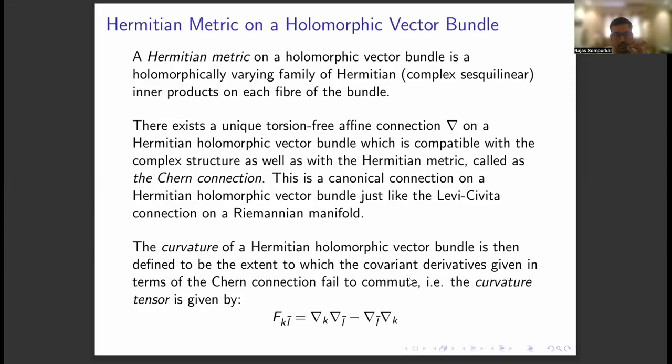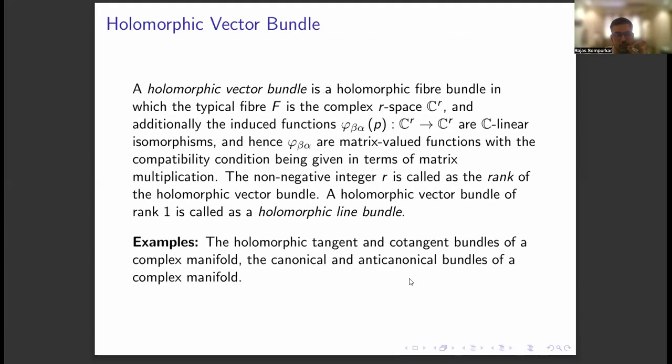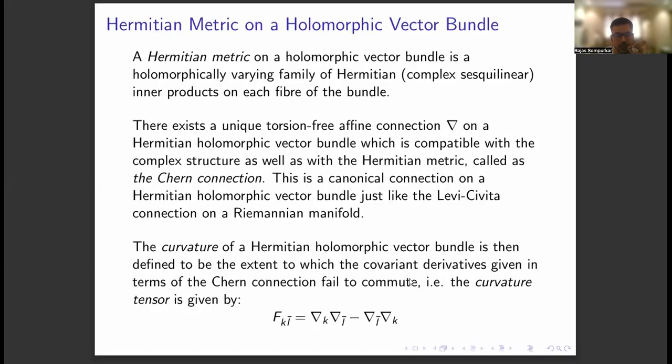The Hermitian metric on a complex manifold gives a Hermitian metric on the holomorphic tangent bundle of that manifold. But the holomorphic tangent bundle is just one example of a holomorphic vector bundle. We can actually have the notion of a Hermitian metric on any arbitrary holomorphic vector bundle. Then we specialize to the case of the holomorphic tangent bundle.